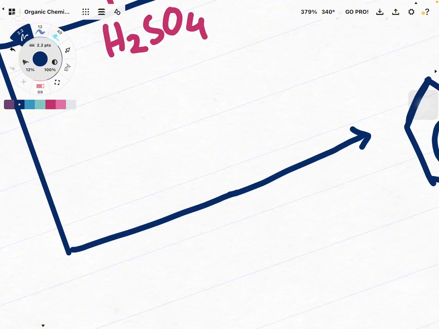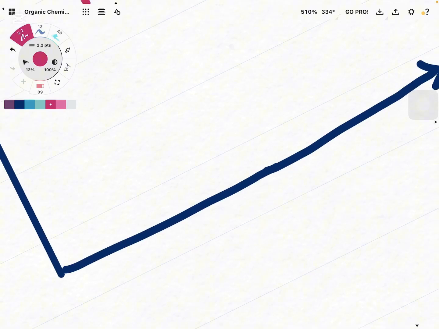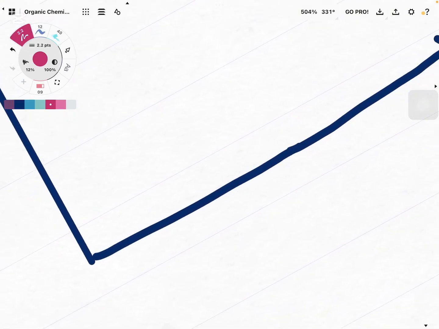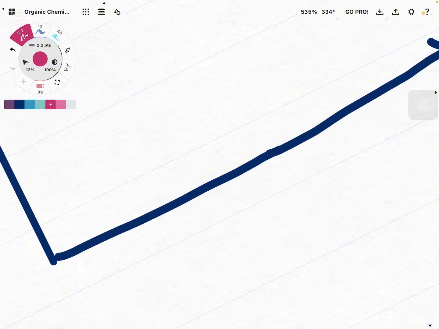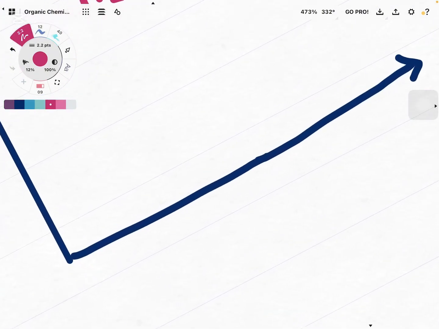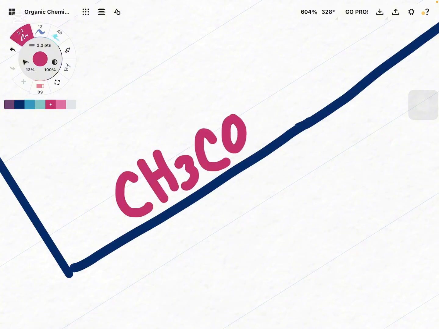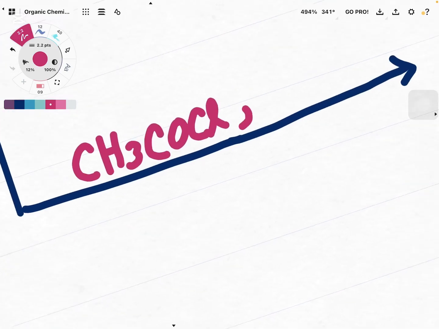Okay, the catalysts here are CH3COCl, which is known as acetyl chloride, and aluminum chloride.